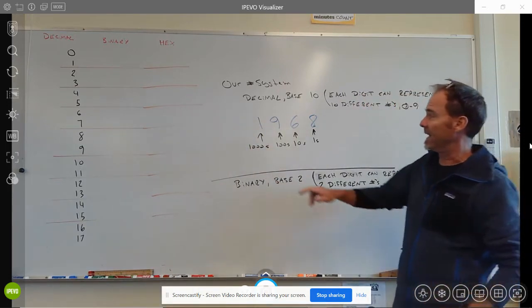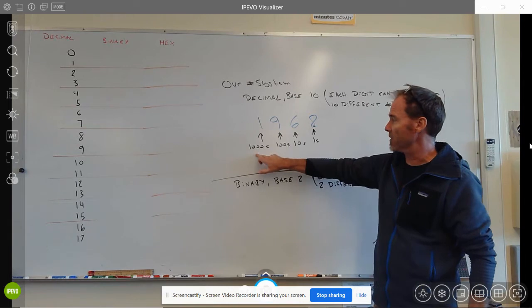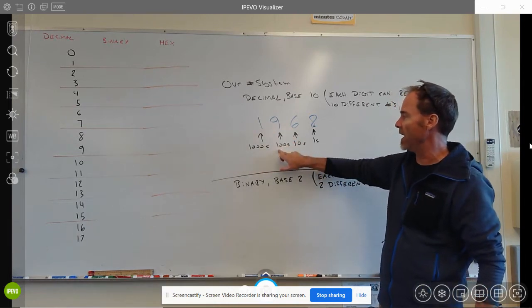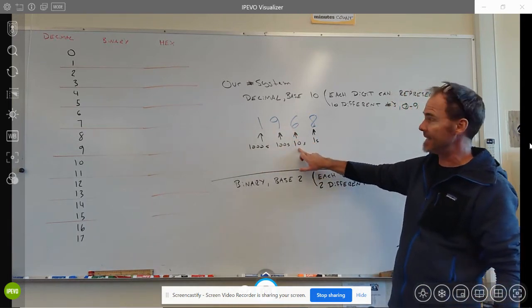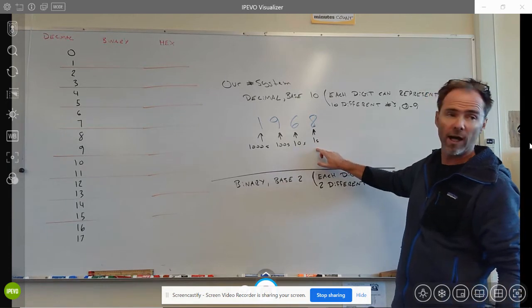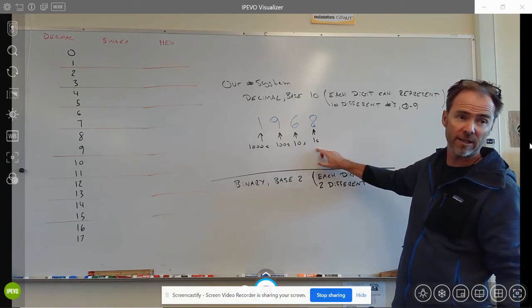So basically, I have 1,000 plus 900 plus 6 tens plus 8 ones, which would be 1968.